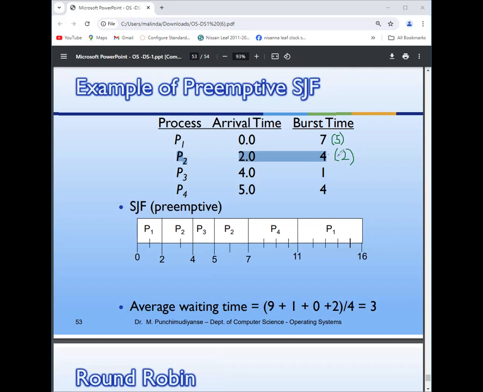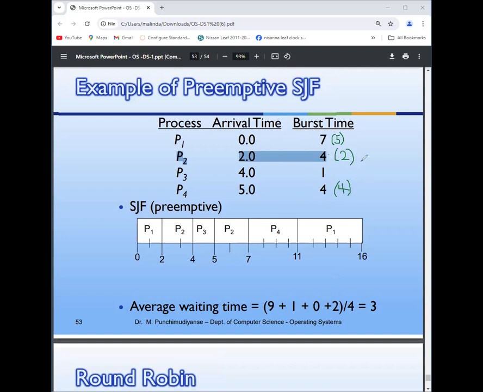And P2 has 2 milliseconds remaining. Then P4 arrives at time equals 5. So in the queue, P2 remaining time is 2, P1 remaining time is 5, P4 remaining is 4, and P3 already completed.